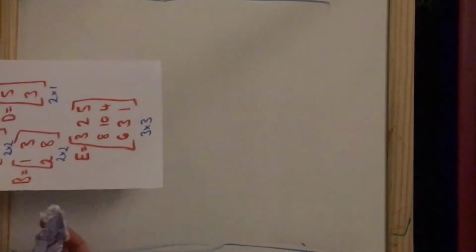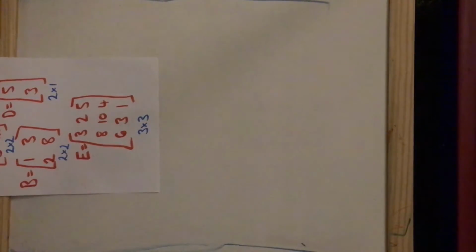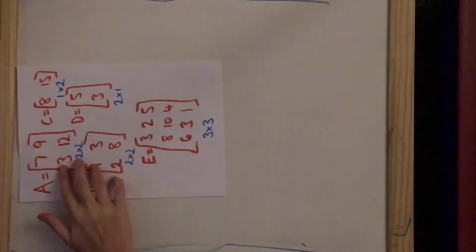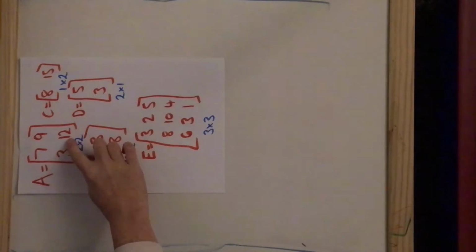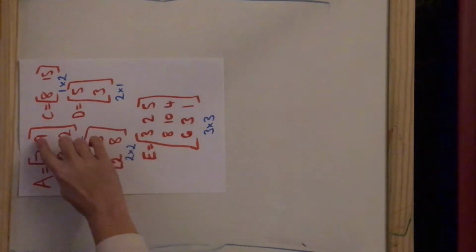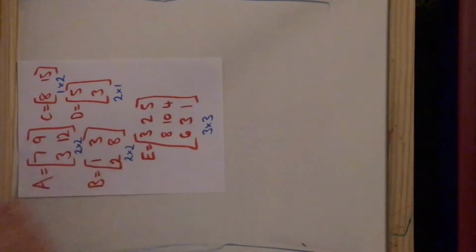What I'm going to move on to now is I'm going to show you how to find the determinant of a matrix. So firstly, I'm going to show you how to find the determinant of a 2 by 2. And the way that we do that is simply by multiplying the 7 and the 12 together, and then the 3 and the 9, and then we just subtract those numbers from one another.